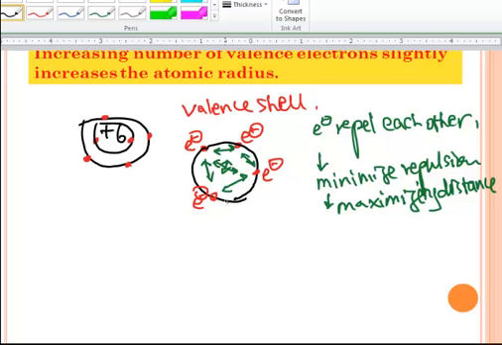Now we're looking at what happens if we have to add an electron to this valence shell. If you add one, you have to bring another electron in, so the repulsion between those electrons increases. How to minimize that?